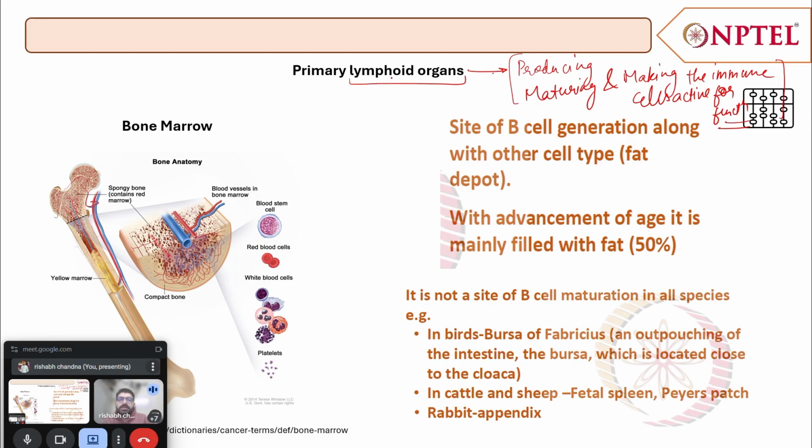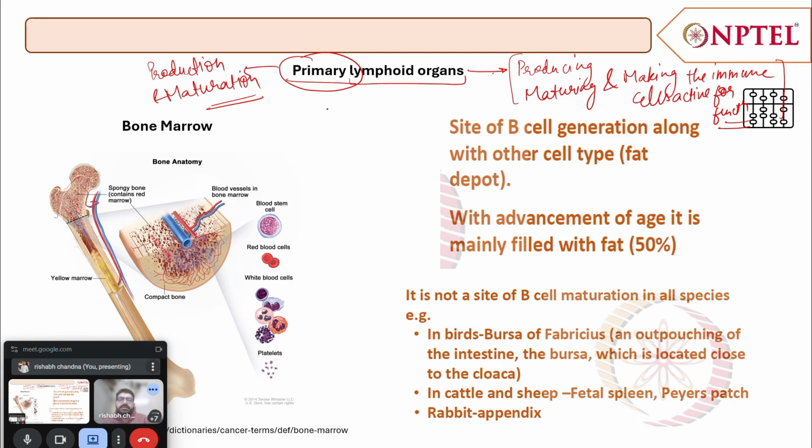Now the lymphoid organs are divided into two categories. First is the primary lymphoid organs, and the second is the secondary lymphoid organs. The primary lymphoid organs help in the production and maturation of the lymphocytes.